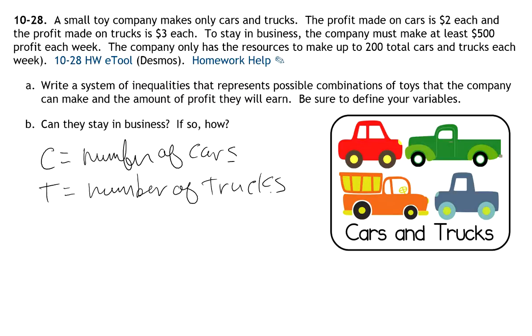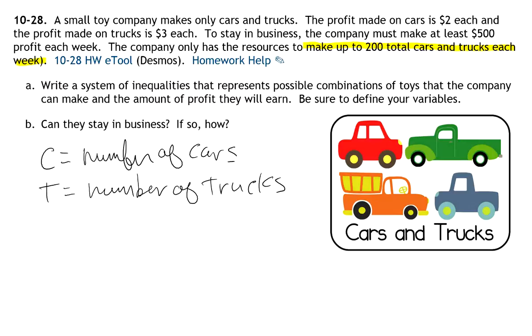And we've seen this before, right? There's two inequalities at work. One is involving the count of objects, and one is involving their value. So this sentence right here, the company has only enough resources to make up to 200 total cars and trucks each week. So when I look at that sentence, I'm saying that there's a limit to the number of items that they can make.